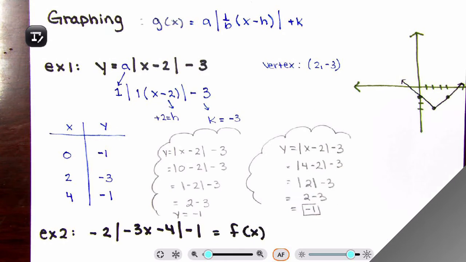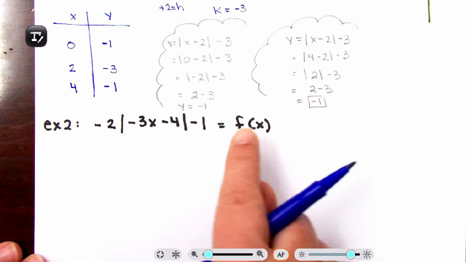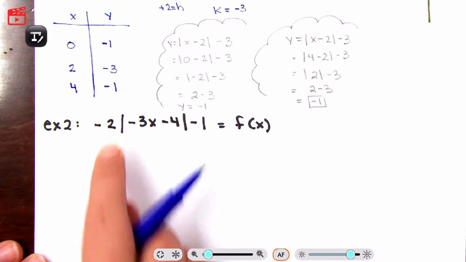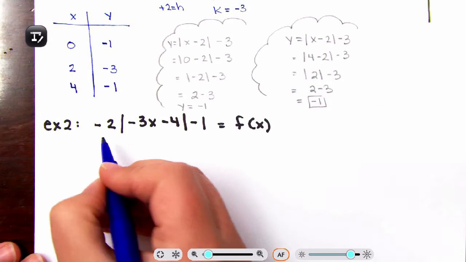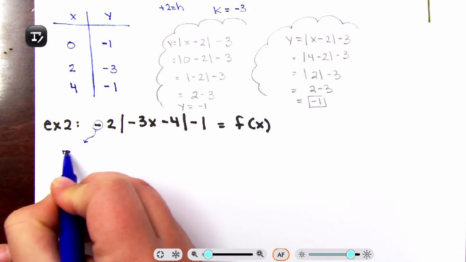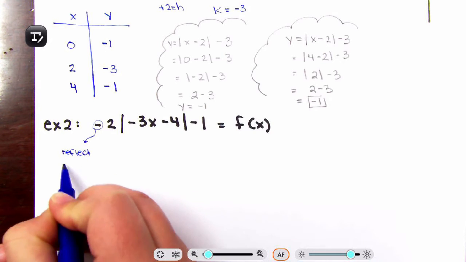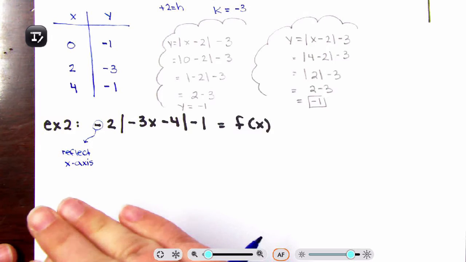All right, continuing on with example number 2. Step number 1 is to get that into the g of x form. Now here we have f of x is equal to this equation. We can leave it in terms of f of x. It doesn't matter. So let's identify what we have. Here we have this negative out in front. That means we're going to have a reflection across the x-axis. That means it's going to be flipped over.